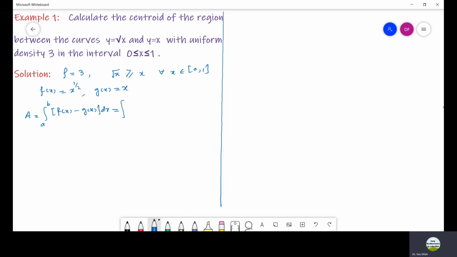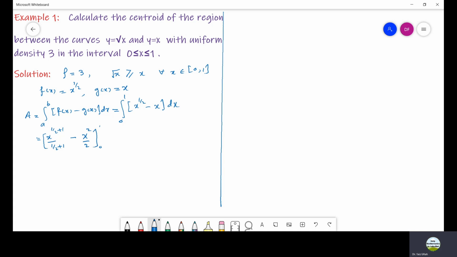If we plug in the values, we have integration from 0 to 1 of x power 1 over 2 minus x dx. So let us integrate this. We have x power (1 over 2 plus 1) divided by (1 over 2 plus 1) minus x square divided by 2.